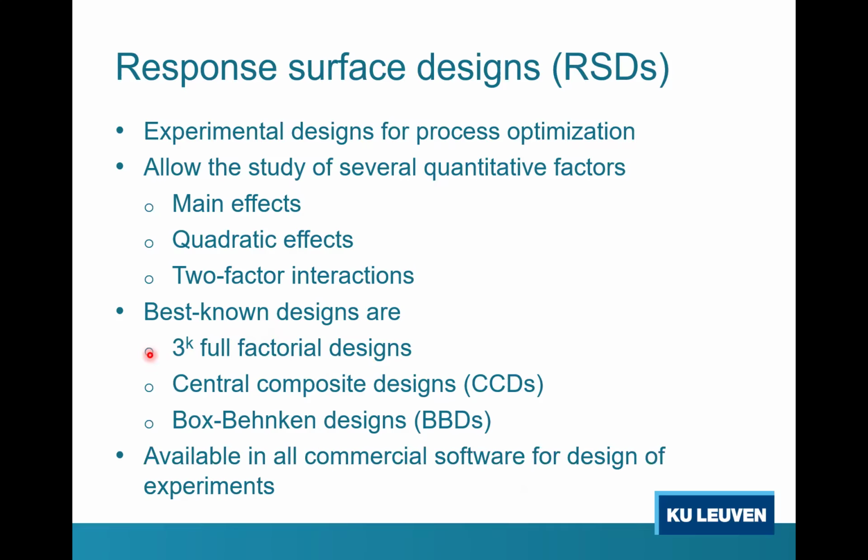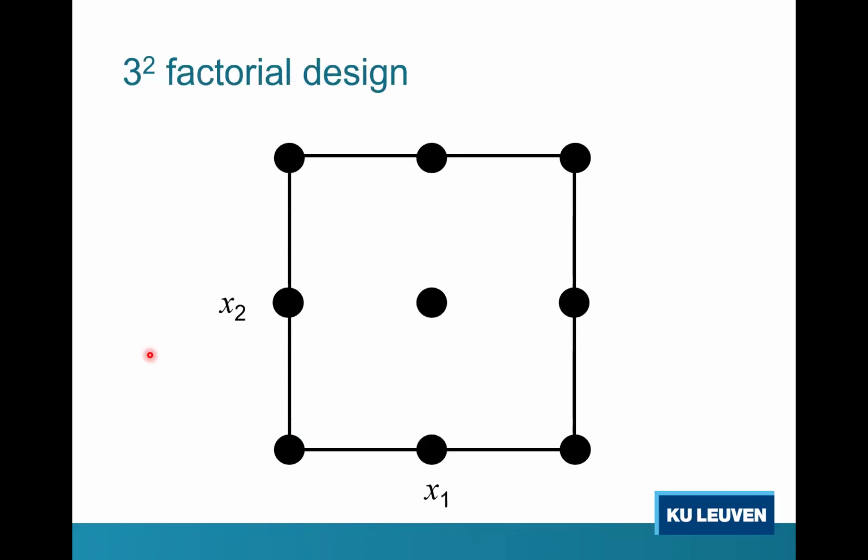So that's traditional design of experiments, available everywhere, basically. Here's an example for those of you who are not yet familiar with experimental design. Here's an example of one of those designs, a 3 to the power 2 factorial design. That means we're going to study 2 inputs, 2 factors, at 3 levels.